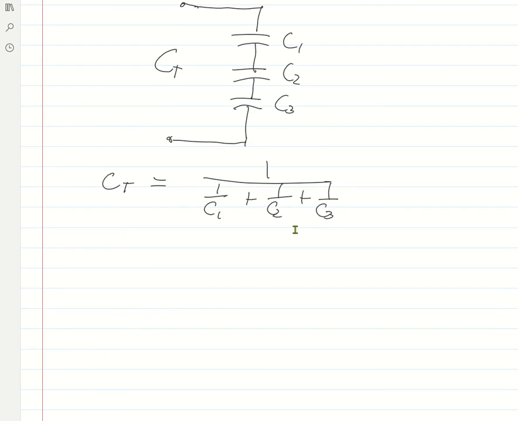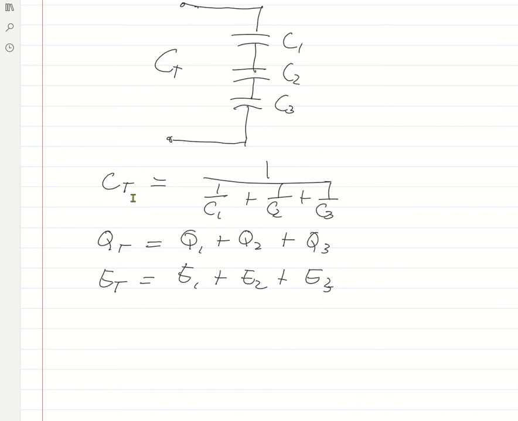Then the total charge will be the sum of the charges at the different capacitors, Q1 plus Q2 plus Q3. While the voltage is also the sum, E1, the voltage across capacitor 1 plus the voltage across capacitor 2 plus the voltage across capacitor 3. So the only formula that changes is the total capacitance.